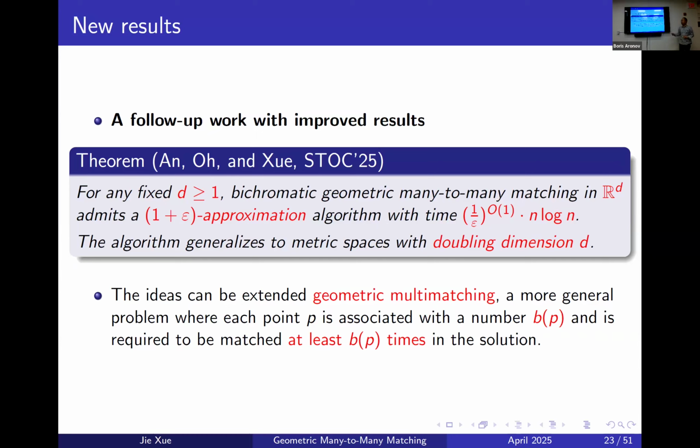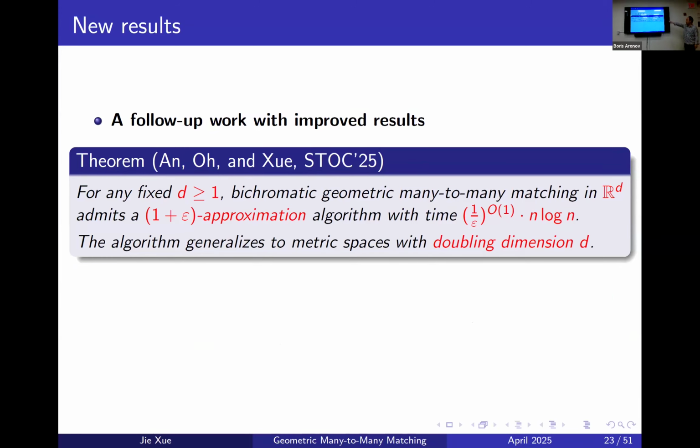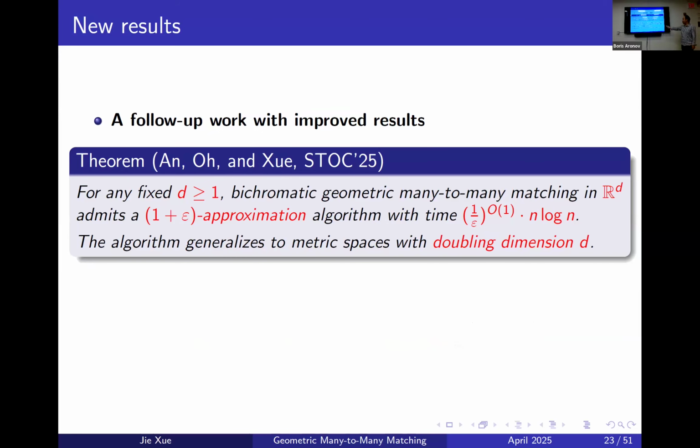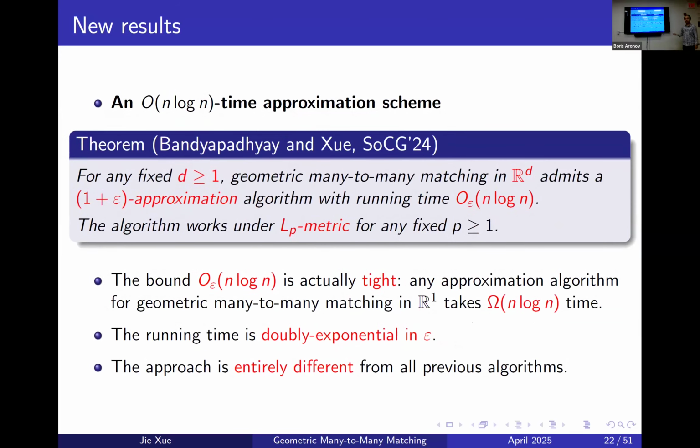The algorithm generalizes to this setting as well. But I'm not going to discuss this algorithm today. I'm going to discuss the previous one, because the technique of this algorithm goes back to using geometric data structures to speed up matching algorithms, which I found not that exciting. Also the algorithm itself is complicated. This one is relatively simple, so I'm going to discuss it.